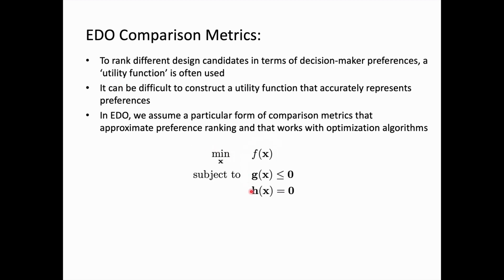Here, we want to be able to rank candidates, and we need design candidates that satisfy these constraints. If it satisfies these constraints, we say that it's a feasible design. If it's not a feasible design, we throw away all of those infeasible designs. But then among the feasible designs, we need a way of comparing them.